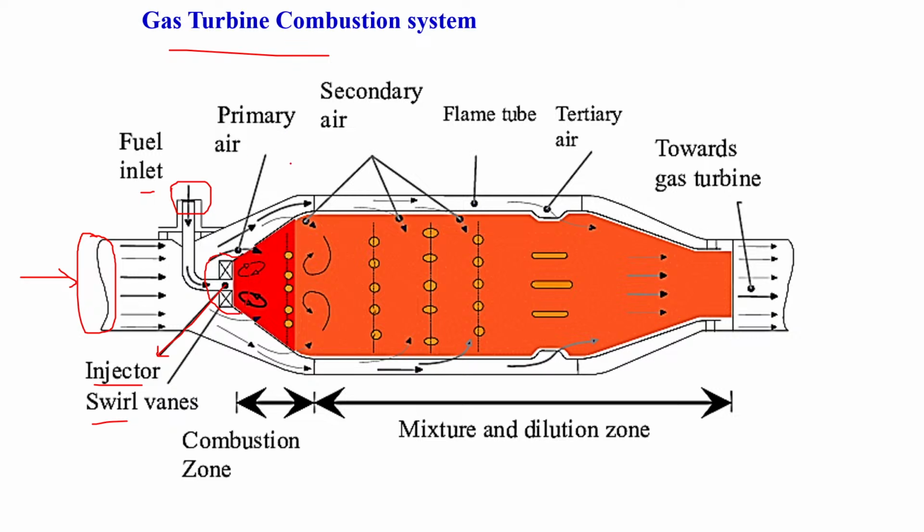Then there are additional features in the combustion chamber. These are the secondary air inlets to dilute the hot gas from the primary combustion chamber, and tertiary air. Still further, we need to dilute the temperature of the hot gas, and these are the outlet to the turbine blades.